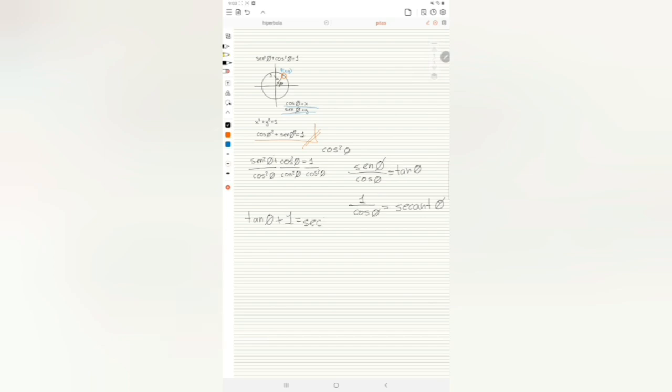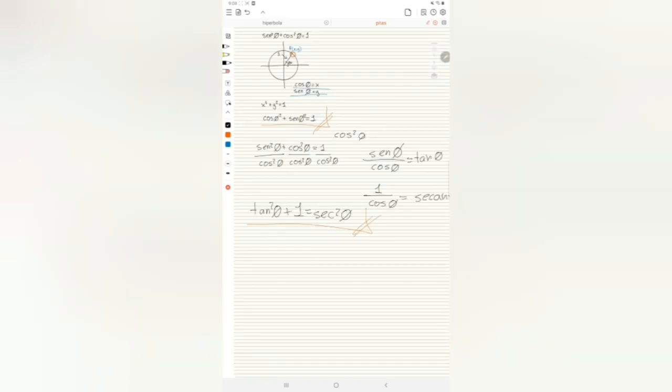So let's put this there. And now we have the second identity that says that the tangent of the angle squared is going to be equal to the secant squared of the angle when we add a 1.